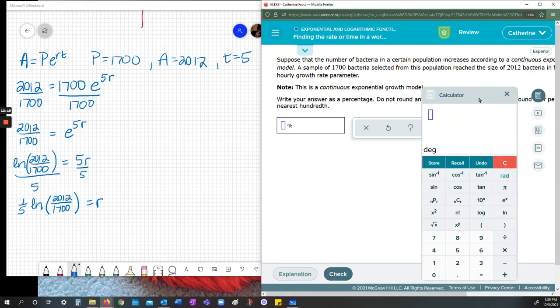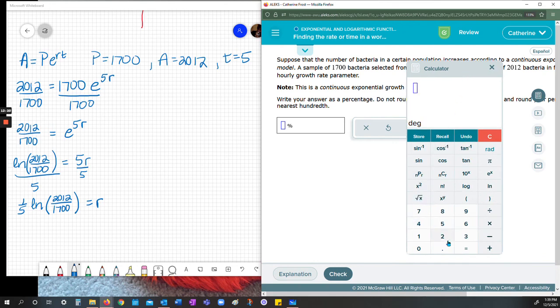So 1/5 times natural log 2012 divided by 1700, and that's what we need to type in. It would also be fine to do the natural log of all this, click out of it, and divide by 5.